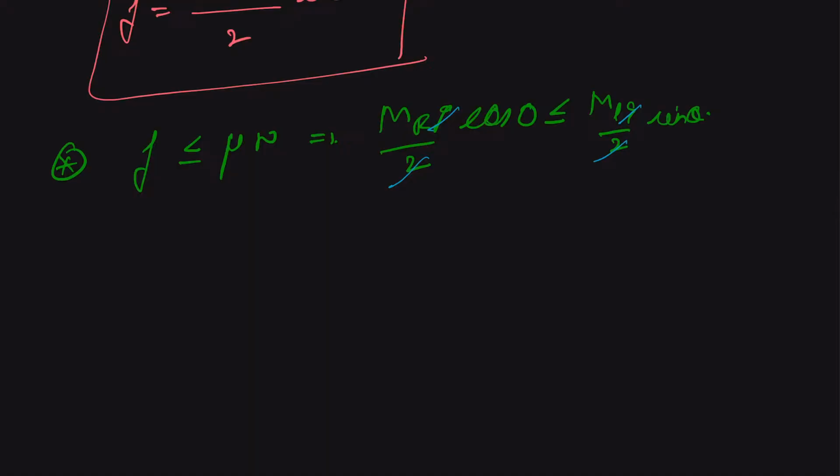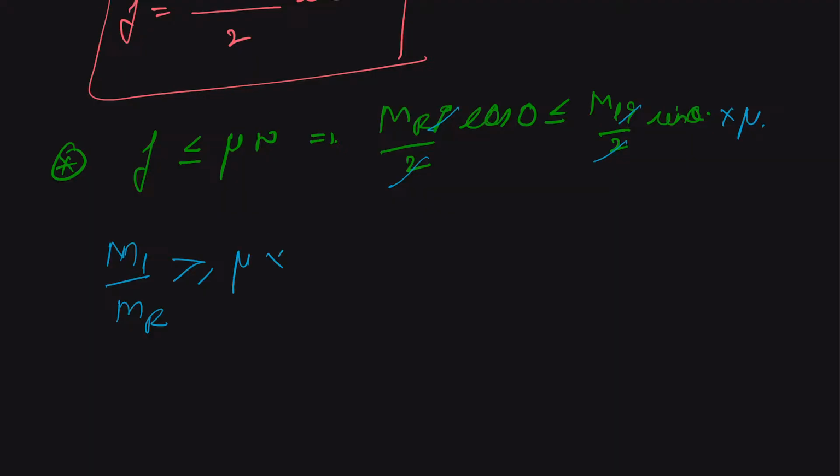Okay, and this can be simplified as m left upon m right, here a term is missing, that is mu.